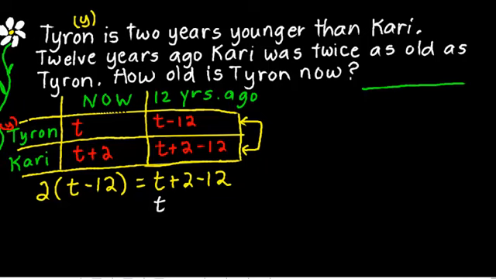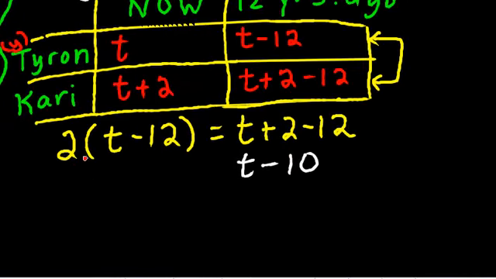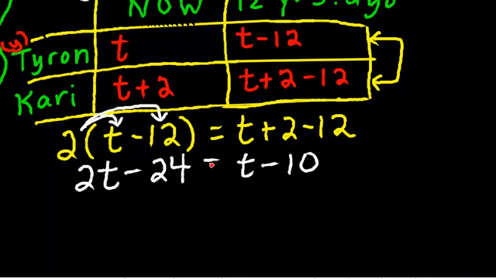T plus 2 minus 12 is T minus 10. Now here we're going to be really careful to use the distributive property. So it's 2 times T minus 2 times 12, or 24. And those two expressions are equal.